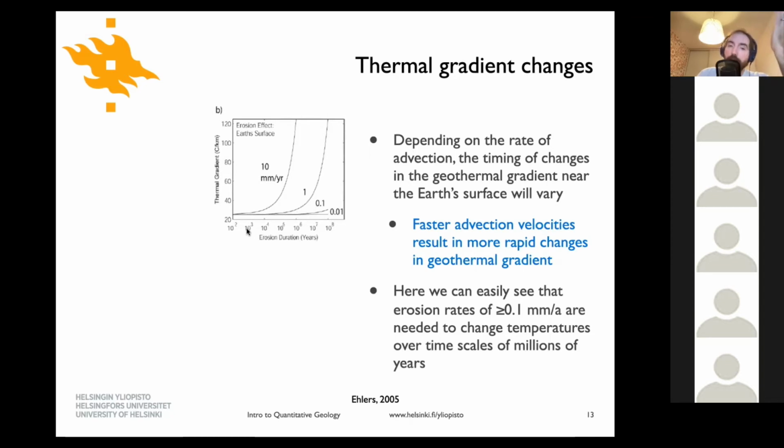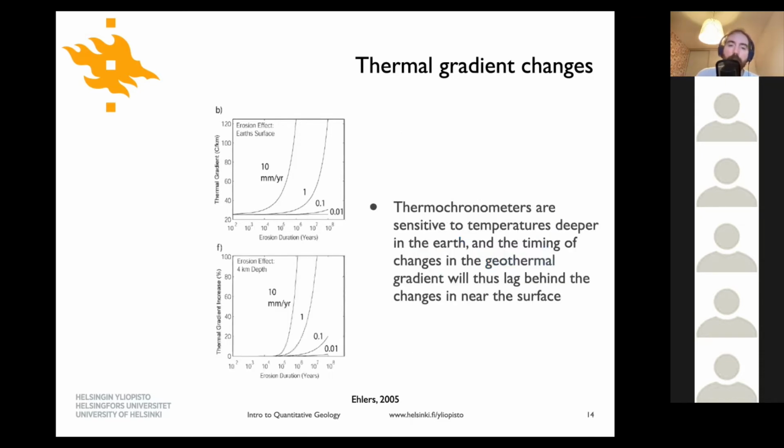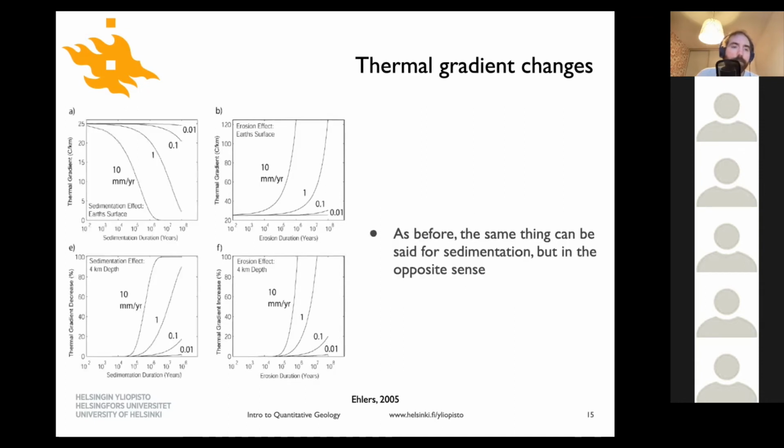As you can imagine, the longer the erosion process is taking place, the more the temperature would be affected in the crust. If it happens only for a very short time, then nothing will really happen. Temperatures won't change in any significant way. But I think that's all I'll say about that. If you're curious, you can look through the figures and let me know if you have questions. But we don't deal with this concept so much in the exercise this week, so I'll just leave these here as a kind of reference for you.